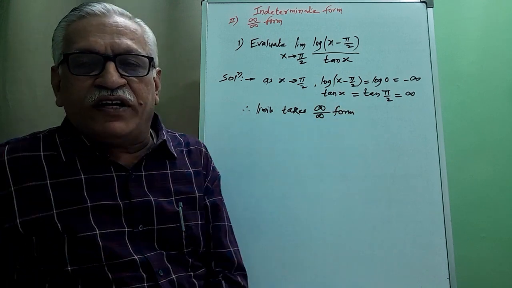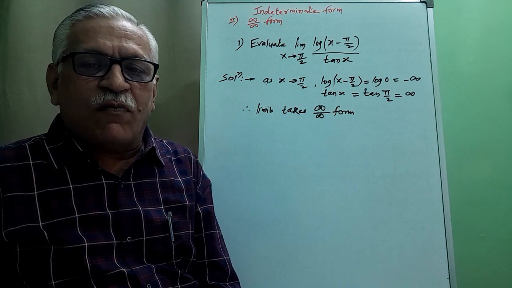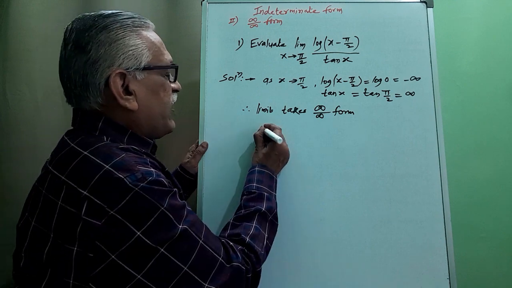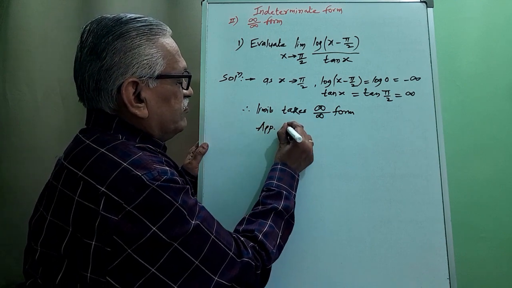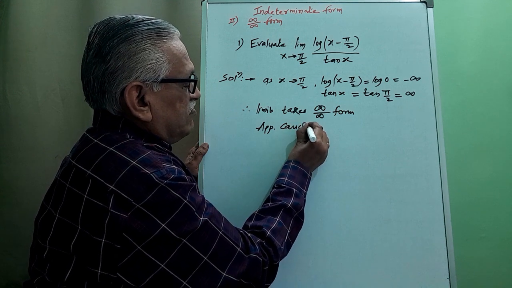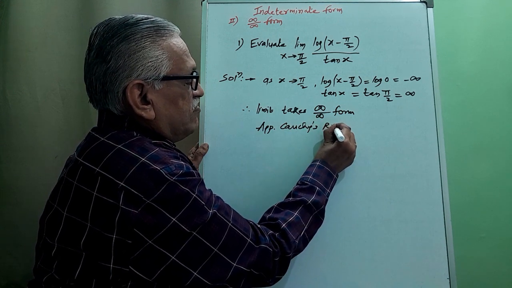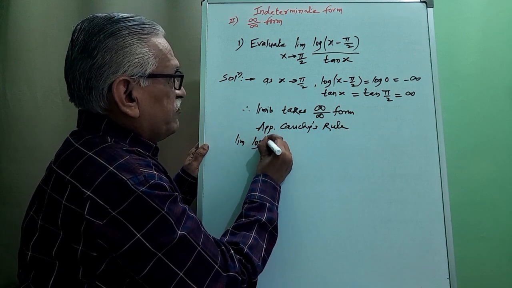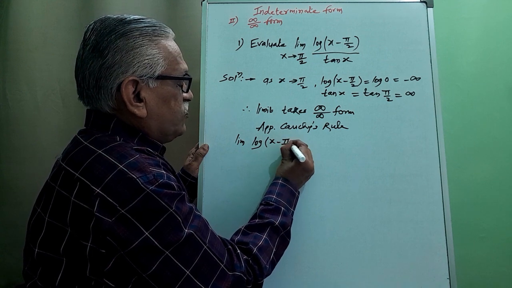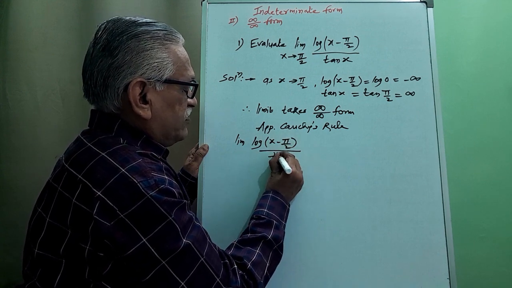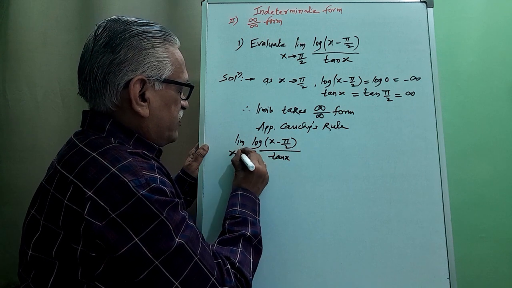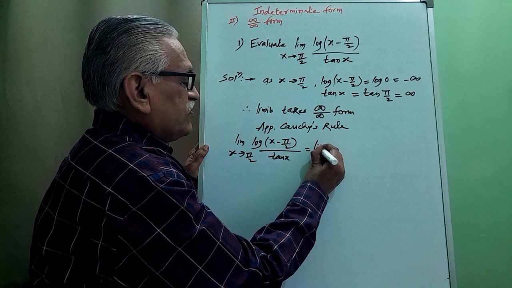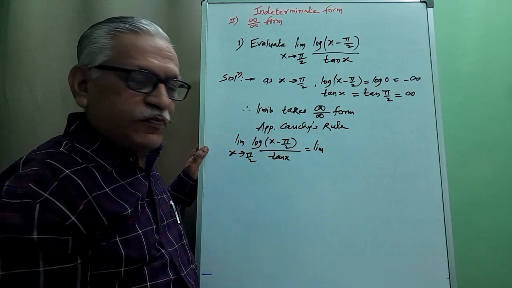And when we have the limit form as either 0 by 0 or infinity by infinity, we can apply Cauchy's rule. Therefore, applying Cauchy's rule, the limit of log of (x minus pi by 2) divided by tan of x as x tends to pi by 2 is equal to the limit of differentiating numerator and denominator with respect to x.